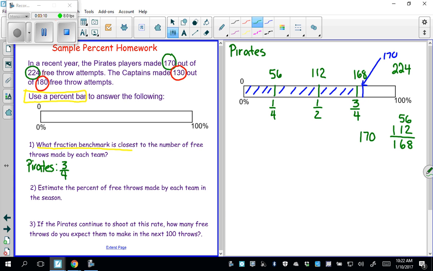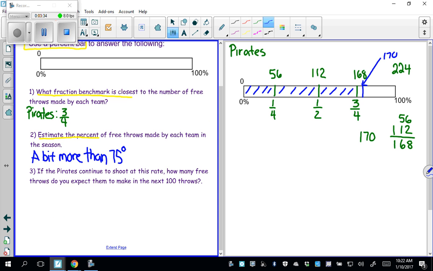And then the next part would be to figure out the percent. So I would say that the Pirates made a bit more than 75%.